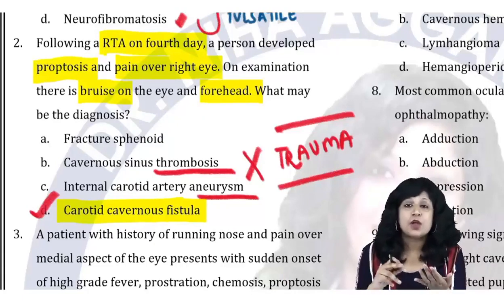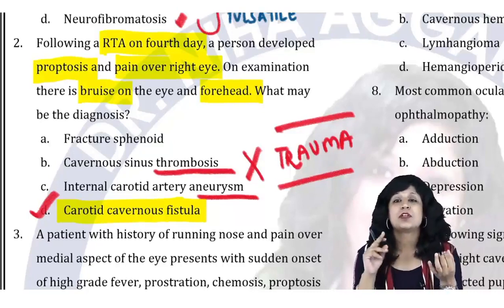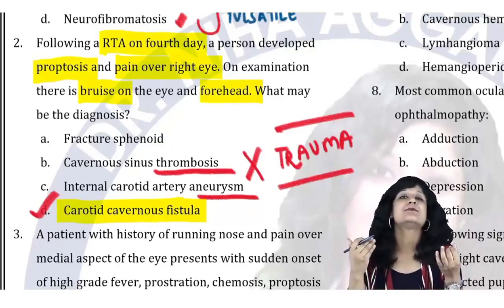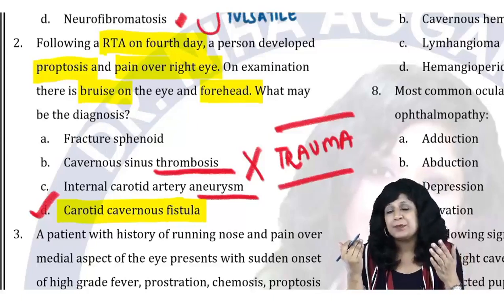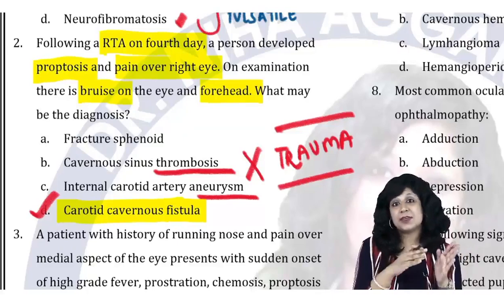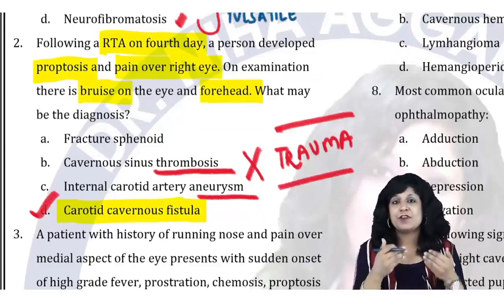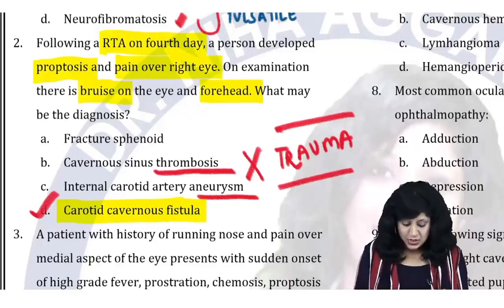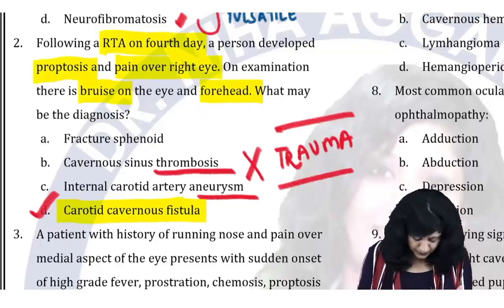So if I am talking about cavernous sinus thrombosis, or aneurysms, then these are pathological conditions. Now fracture can occur after a road traffic accident, but this patient is coming after 4 days, plus that is a more severe condition. So we will first go with the more common condition. So this is your carotico-cavernous fistula.